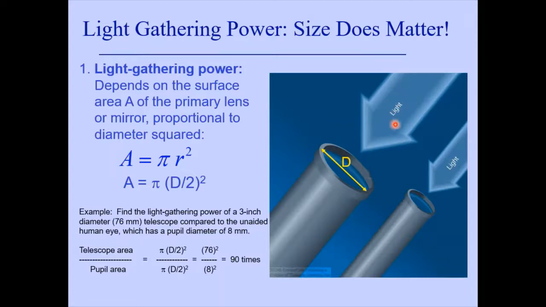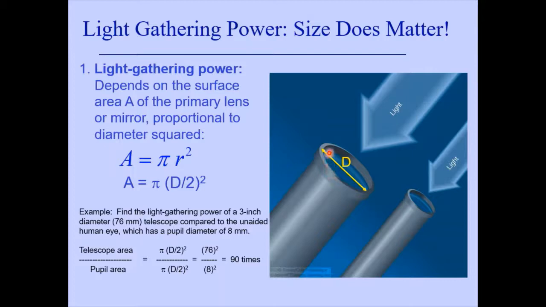So if we think of light as photons streaming in from space, then the telescope is called a light bucket, or a photon bucket, to collect light. So the larger this diameter is here, obviously the more light we can gather in the telescope. So this telescope here has a larger diameter than the small one here, so it's going to collect more light.